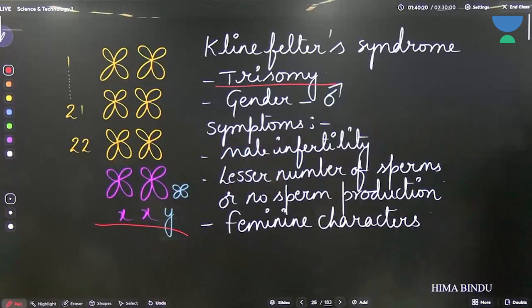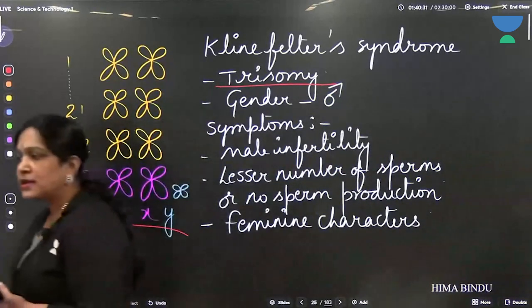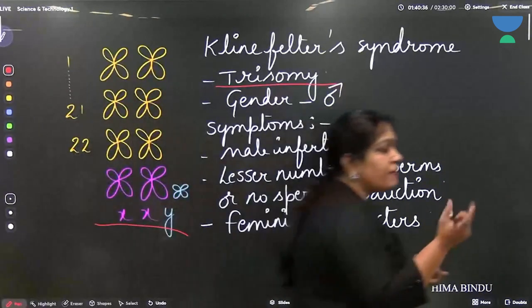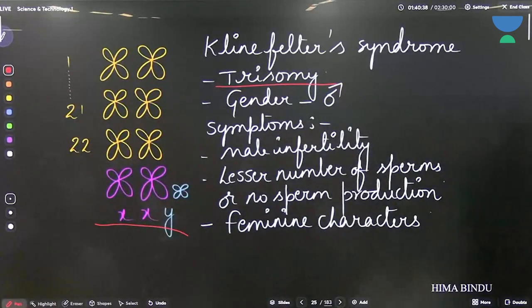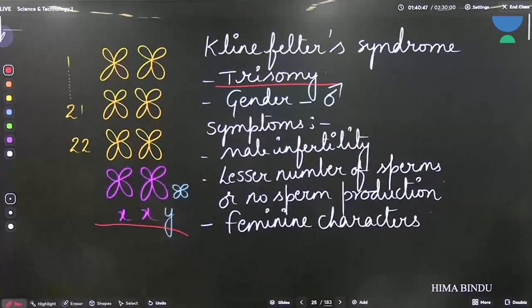So super male is XYY, super female is XXX, Klinefelter is XXY, Turner is X0. Because you have only one chromosome in that slot, it is also called monosomy. Super male, super female, Klinefelter, there are 3 chromosomes in the last position, so they all are called trisomy. Very good.